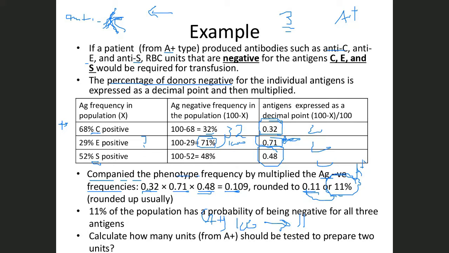That means 11% of my population lacks the big C, lacks the E, lacks the S at the same time. Out of every 100 A units, 11 of them will be A and at the same time lack these antigens: neither C, nor E, nor S. Okay, do you understand, everyone?